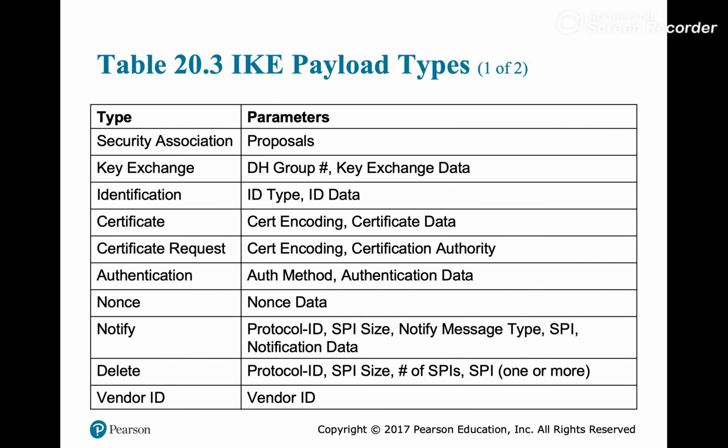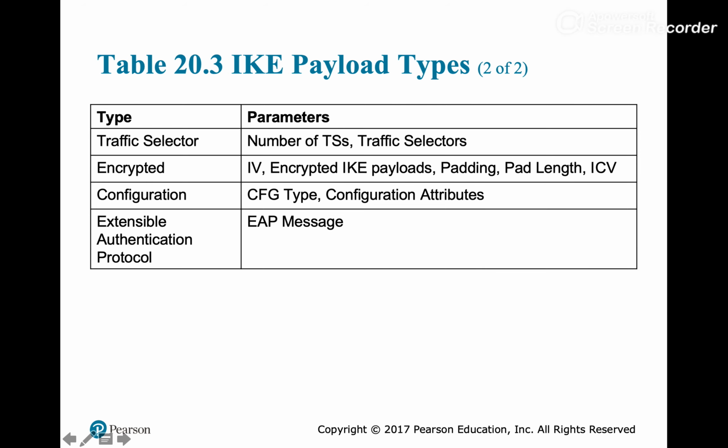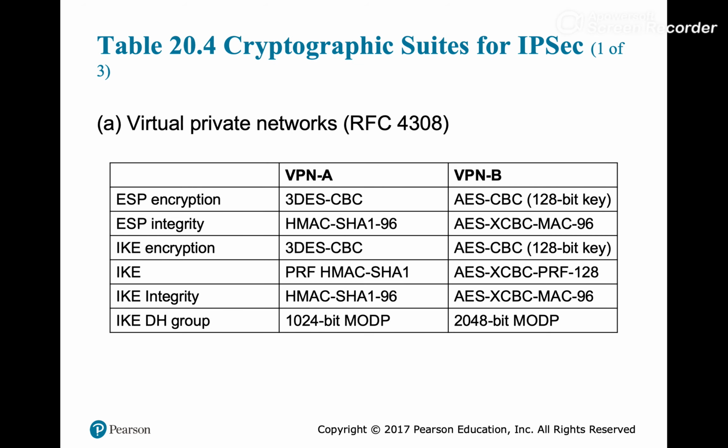Next, these are different types of IKE payloads that are available with IPSec. If you want more details, you can go through the book. These are payload types. Then the cryptographic suite for IPSec, which supports 3DES in CBC mode.